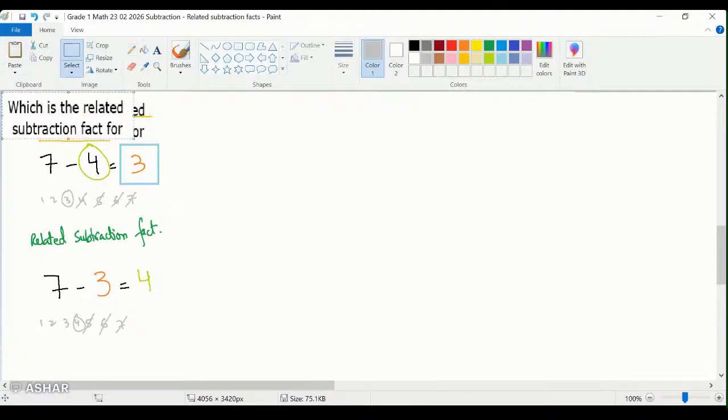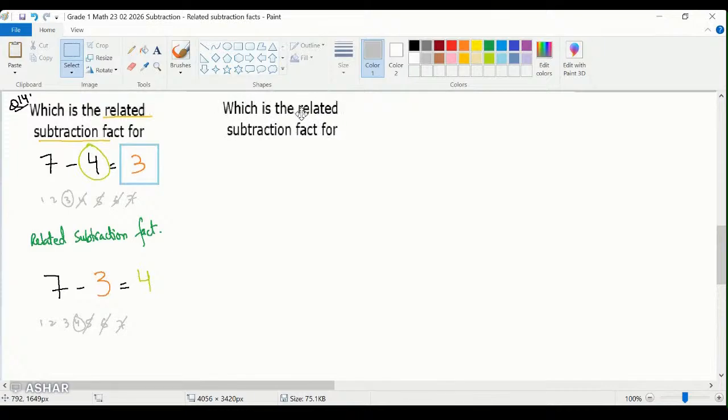Moving ahead, for question number 15, it says 15 minus 8 should be equal to, what is 15 minus 8?